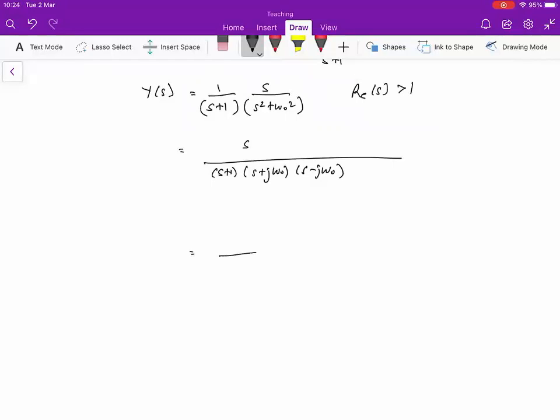We write it as three different things: something over s plus 1, something over s plus j omega naught, and something over s minus j omega naught. These are the three terms that we want to have.